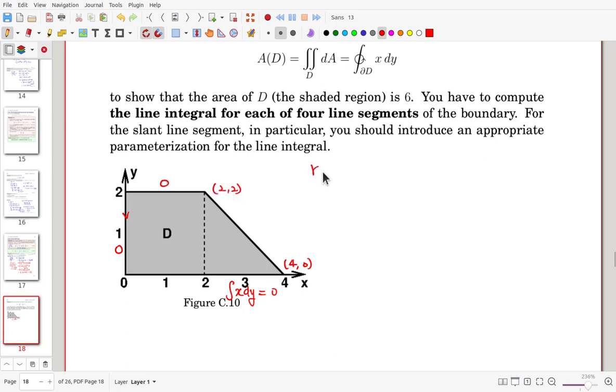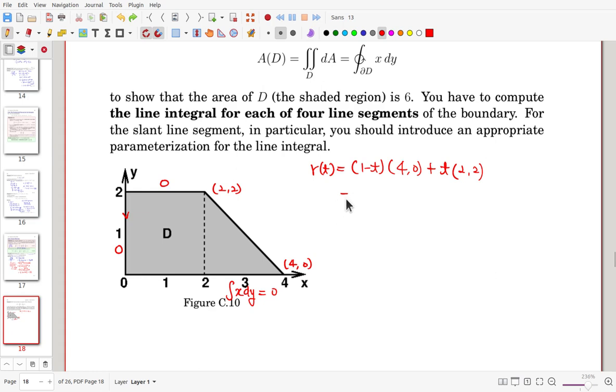So you can make a parameterization out of t: (1 minus t) times the beginning point (4, 0), plus t times the endpoint (2, 2). Let me write it one more time.